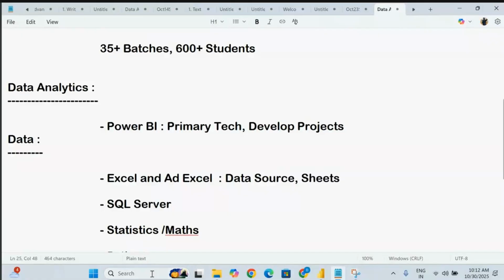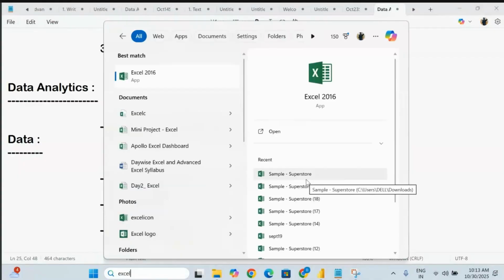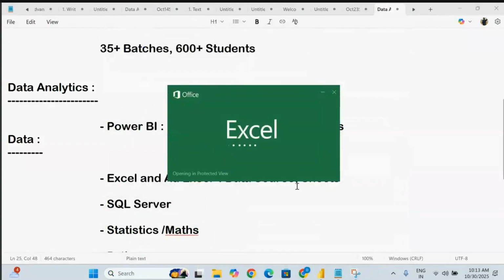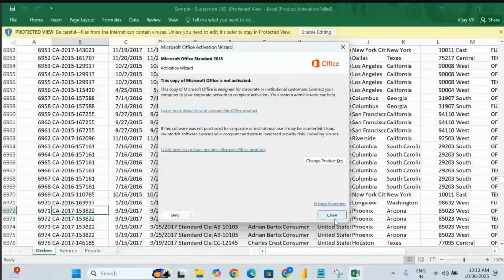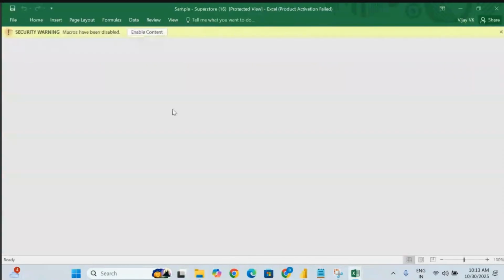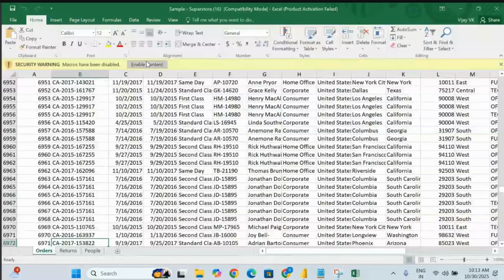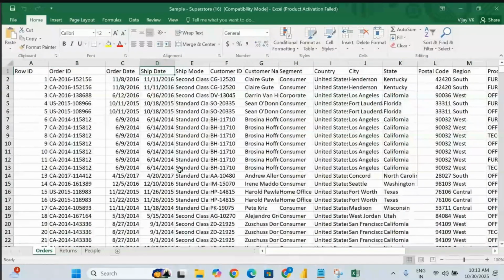Let me open my Excel to make you understand that. This is some Excel data. I'm going to open it. This is the Excel. It contains the data.